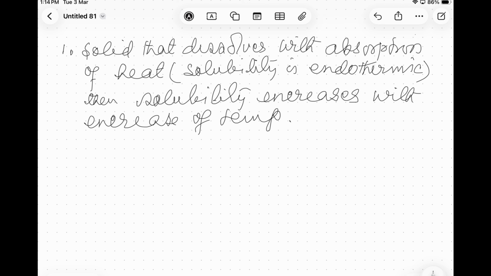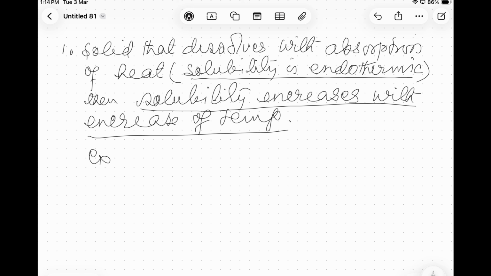If the solubility is endothermic, then solubility increases with increase of temperature. For example, KNO3 in water.